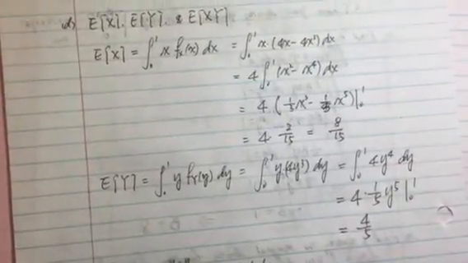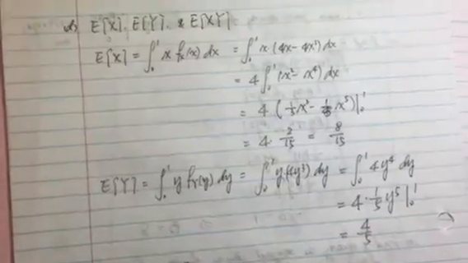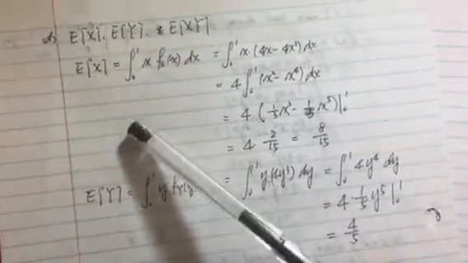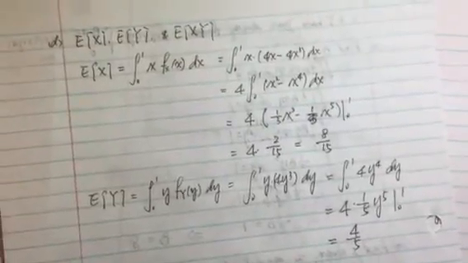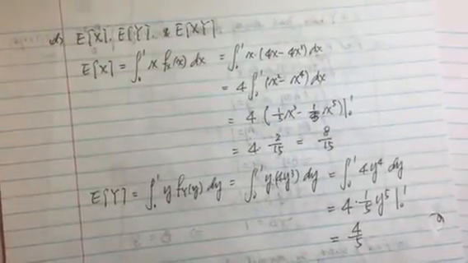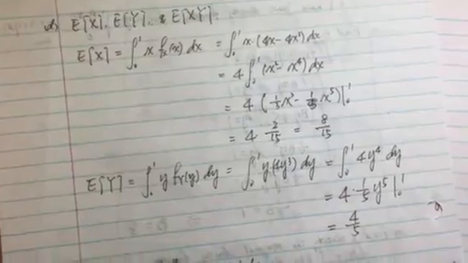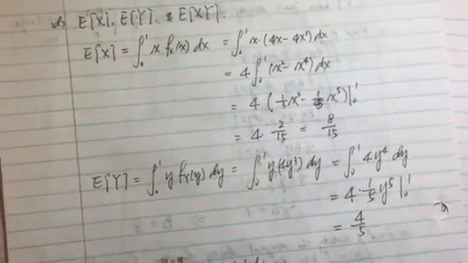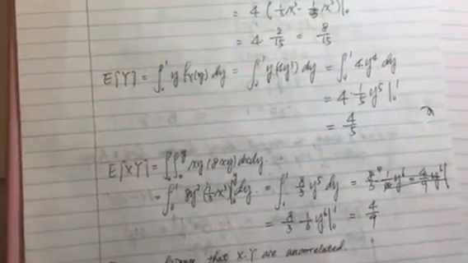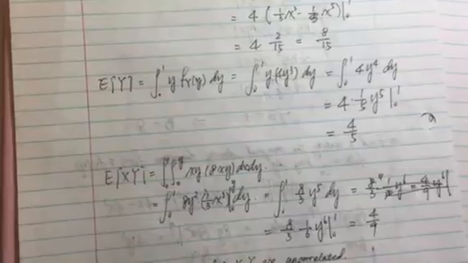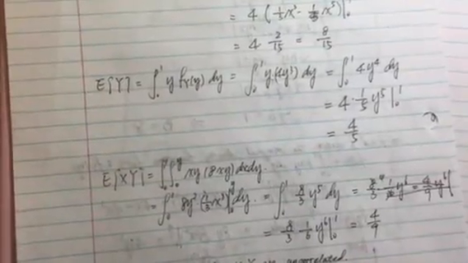For the expected value of Y, it's the same thing as how we did the expected value of X. We take the integral of y times f_Y(y) dy from 0 to 1. The integral gives us 4/5. And for the expected value of XY, we take a double integral this time of the function f_XY.